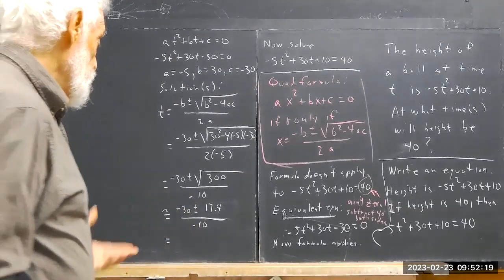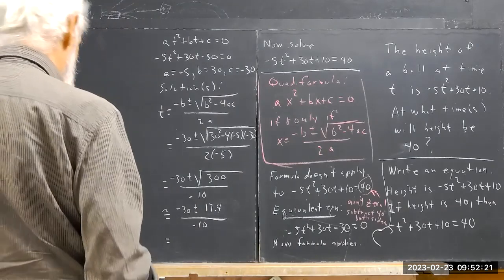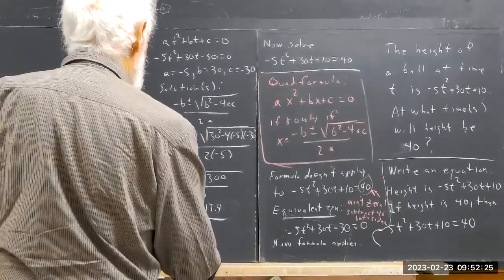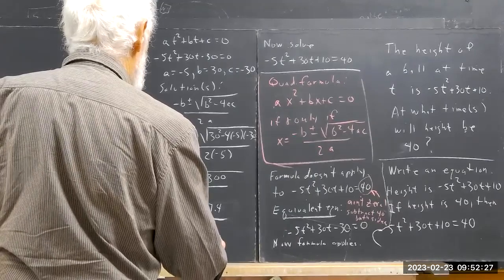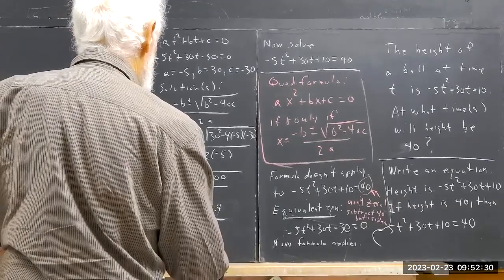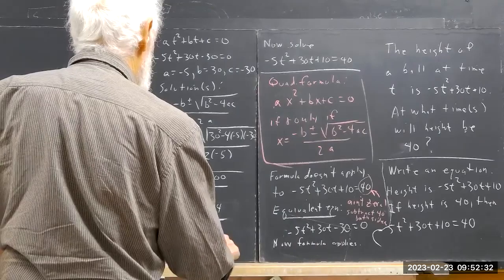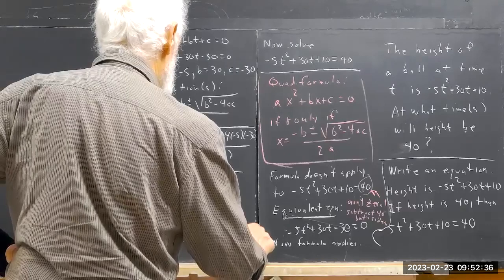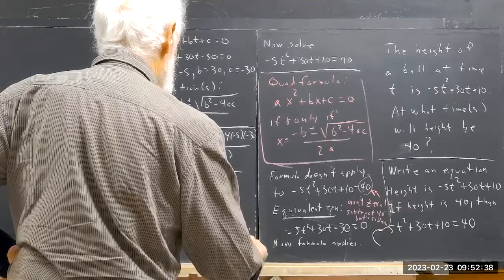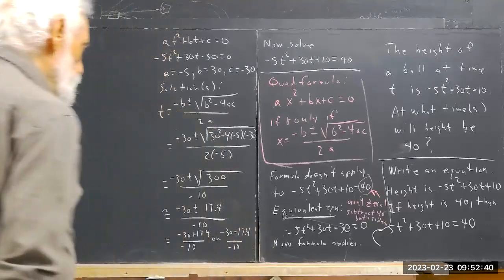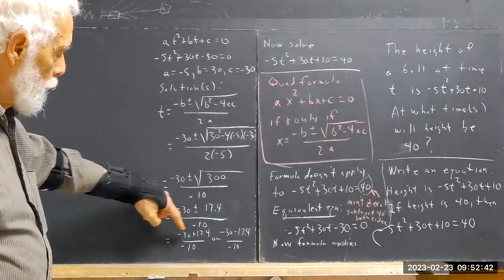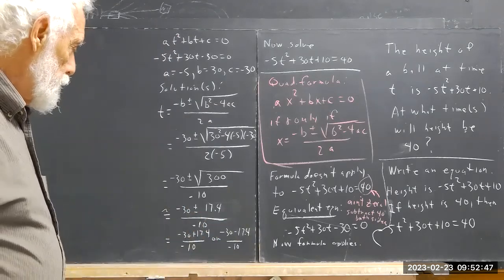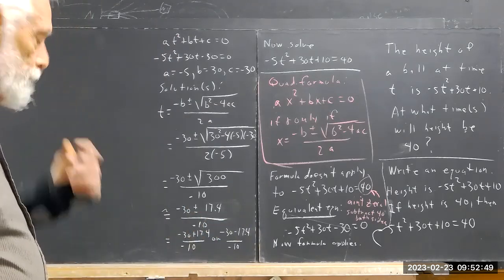Okay, well, there we have it. Now, that means we have either negative 30 plus 17.4 over 10, or negative 30 minus 17.4 over 10.